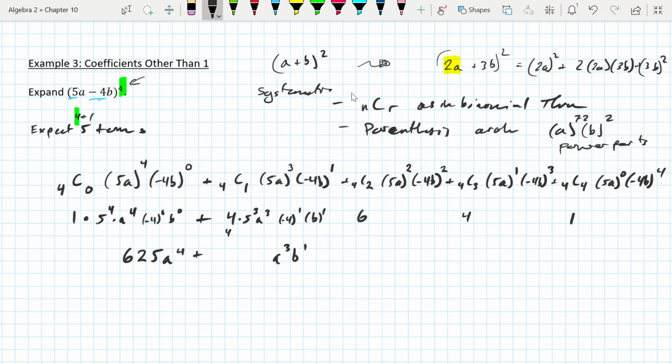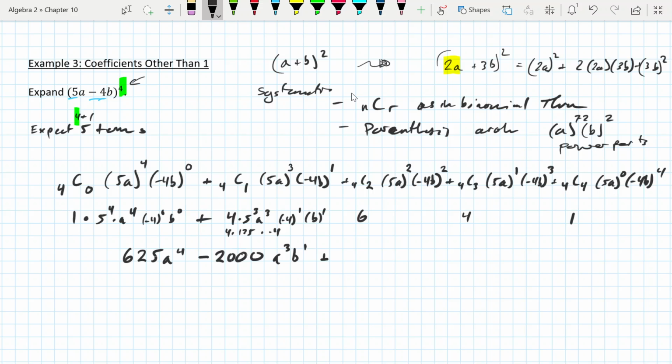So we have 4 times 125 times negative 4. And we get negative 2000. A cubed, b to the 1.